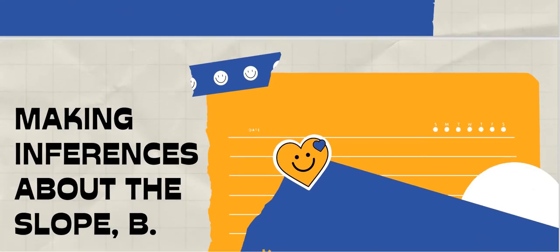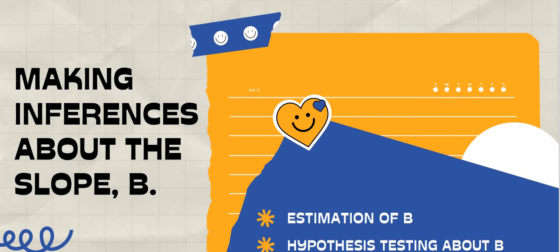Now we go to objective number 4, which is the last one: making inferences about the slope. Inferences, if you still remember, we already learned in chapter 6, chapter 7, and chapter 8, but chapter 8 is about two populations. The basic ones here are chapter 6 and chapter 7, which are estimation and hypothesis testing.